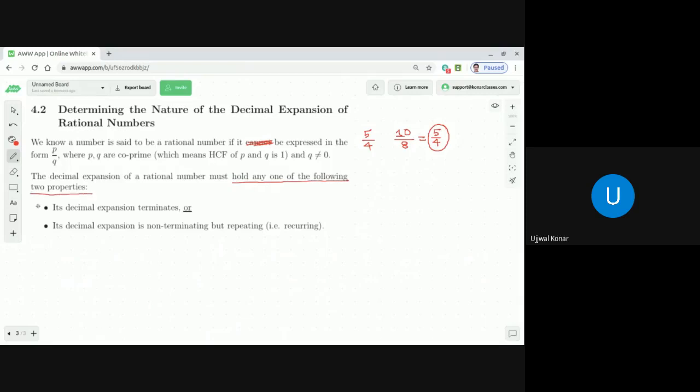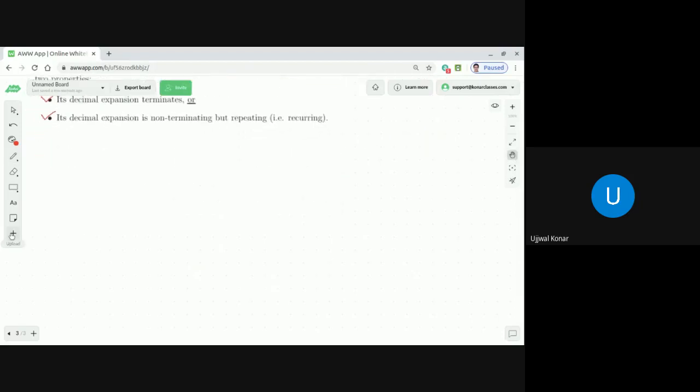First one is that its decimal expansion terminates, or its decimal expansion is non-terminating but repeating or recurring. Repeating, recurring, all these are synonyms. So we are going to discuss how we can find that just by looking into the rational number. Let me keep the notes first.